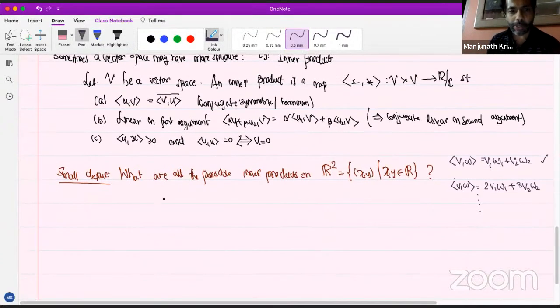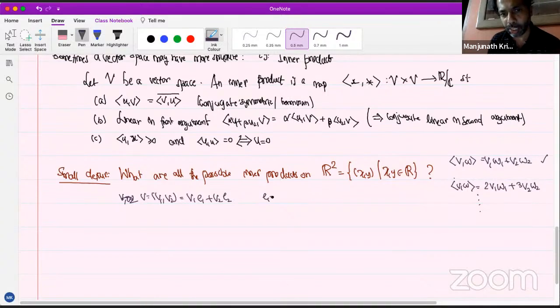So what are all the possible inner products? The reason I am going through this is that it illustrates one of the nice things about vector spaces. You can write every vector V, which is V1, V2, as V1 times E1 plus V2 times E2, right?